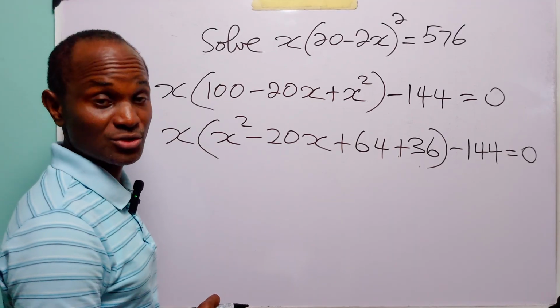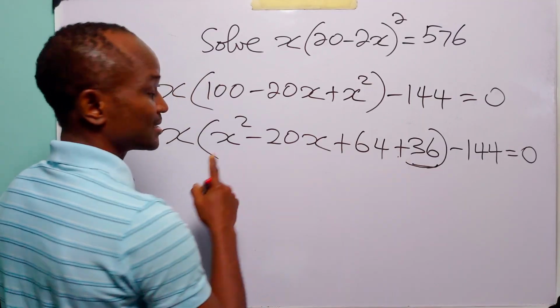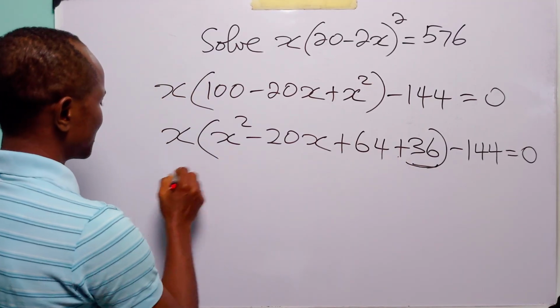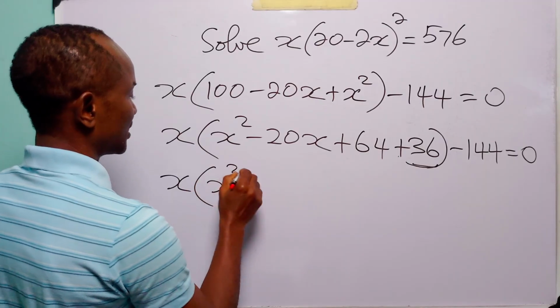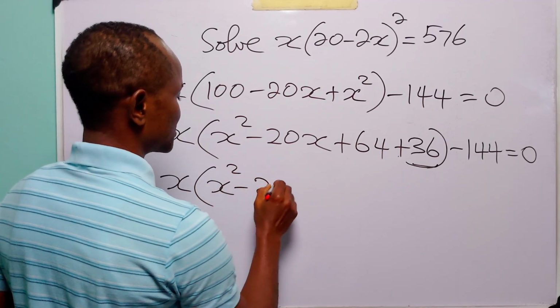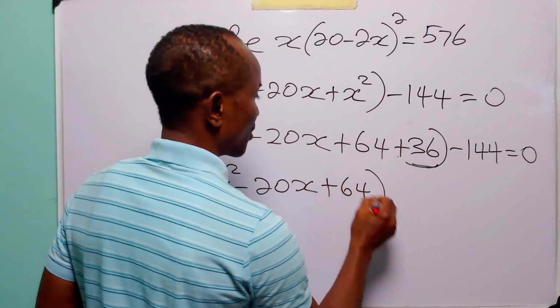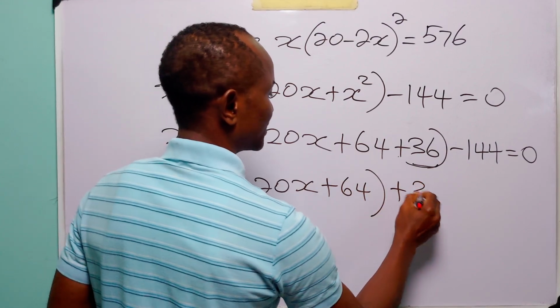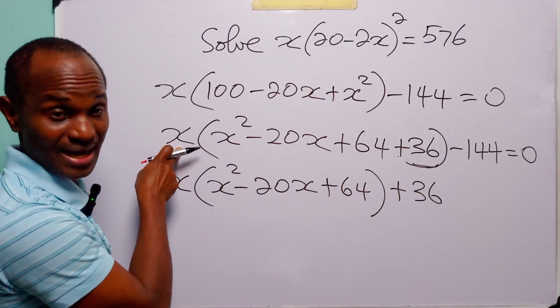The next thing we are going to do is to move 36 outside this bracket. When we do that, we have x multiplied by x squared minus 20x plus 64 plus 36. Of course, we are going to multiply the 36 by x.